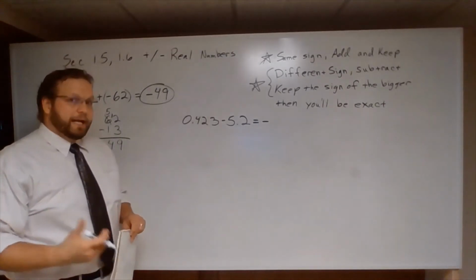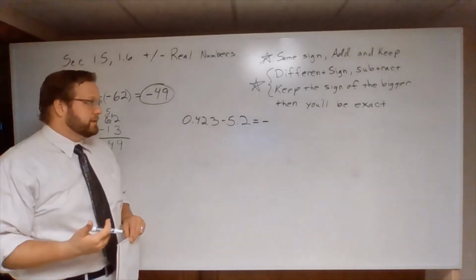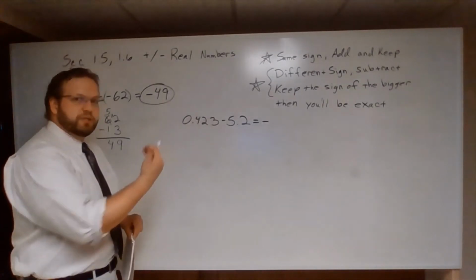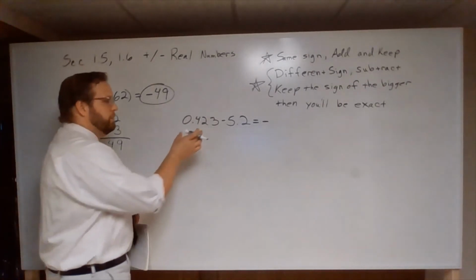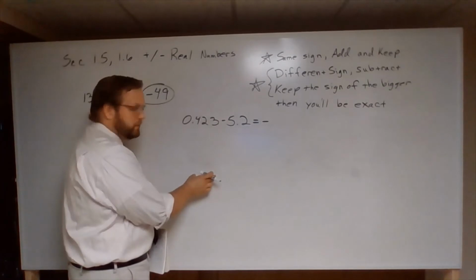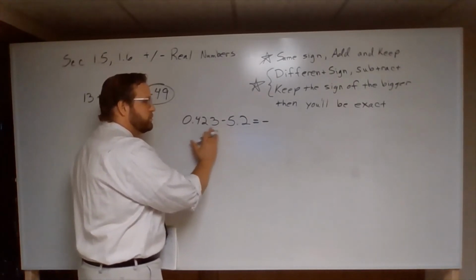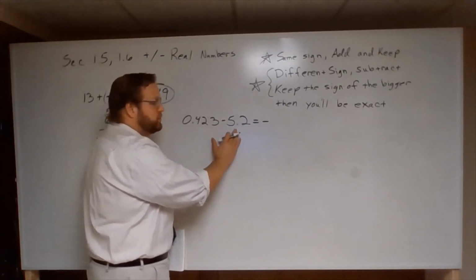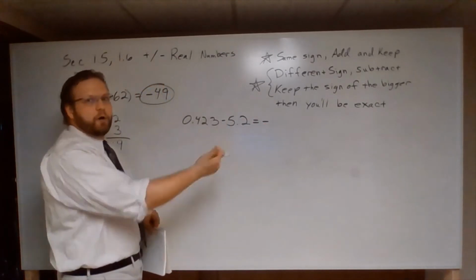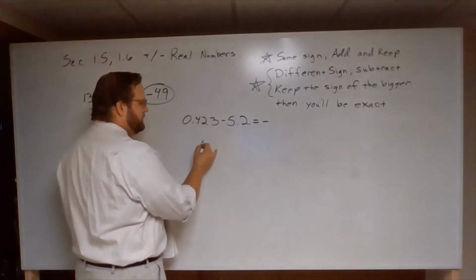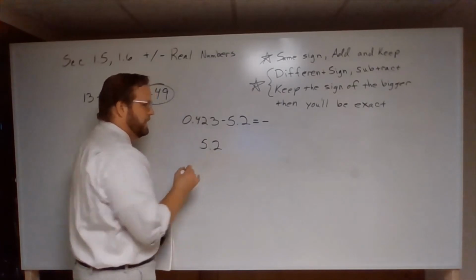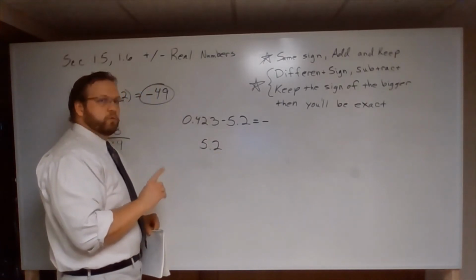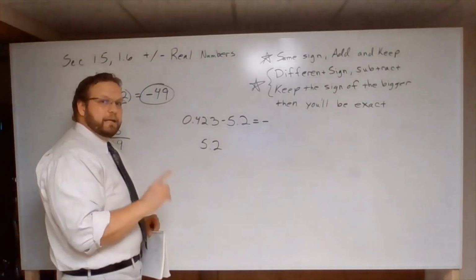Now, when I actually subtract these things, I want to make it, just so the calculation comes out easier, the bigger number minus the smaller number. I know that's not how it's written here, but again, we can make that switch if we take that negative out at the beginning. So I'm going to put the 5.2, and when I subtract the 0.423, I line up the decimals.